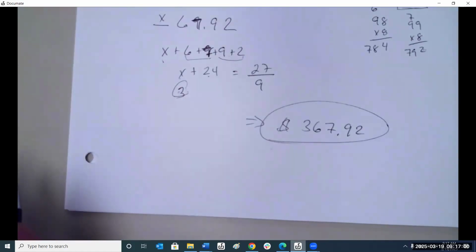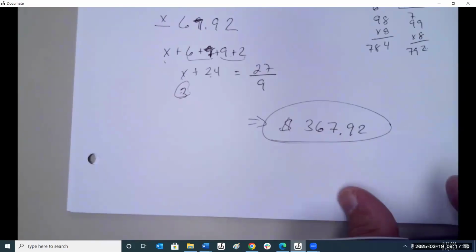Using what we know so far, we can figure out the rest of the answers. Okay, last example. We have just enough time.